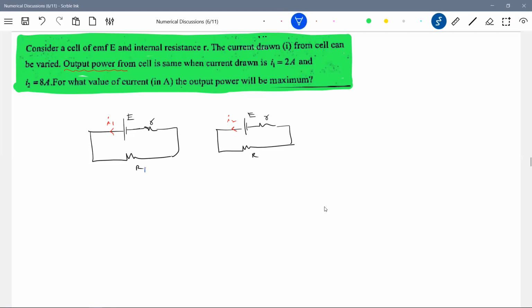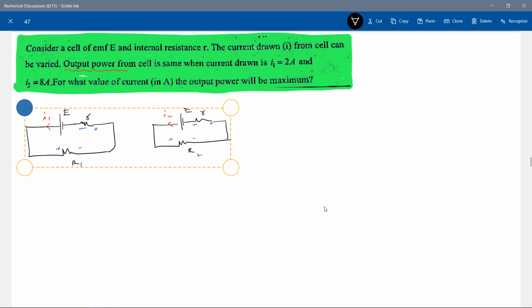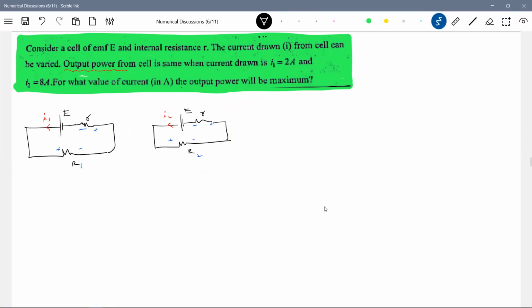It should be R1, R2. Okay, let's write further. Let me write the loop equation. So this will become E minus I1 R1 minus I1 R equal to 0.